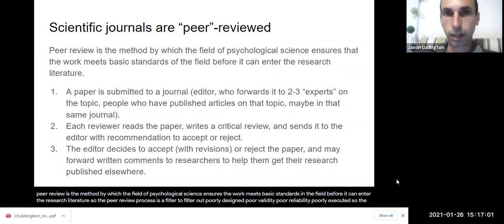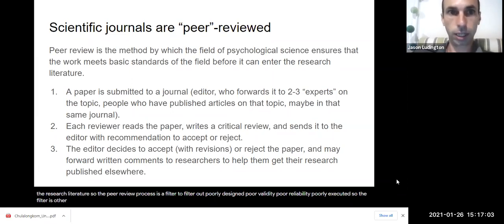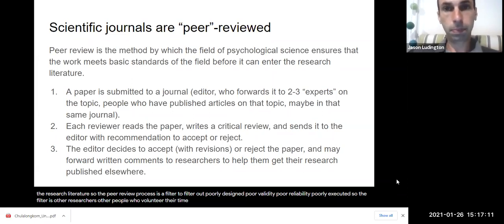So the filter is other researchers, other people who volunteer their time to evaluate whether or not a contribution belongs in a journal.